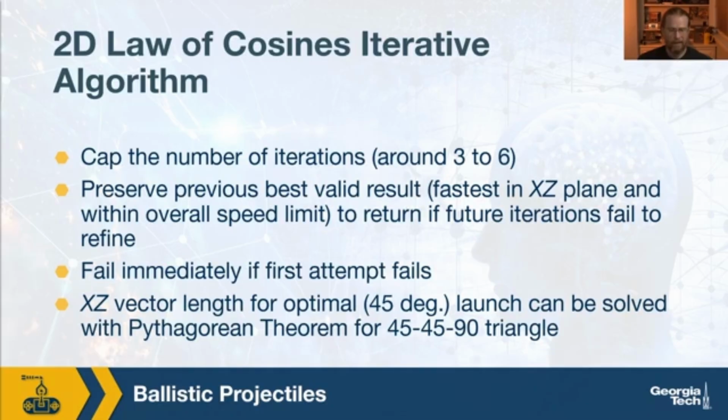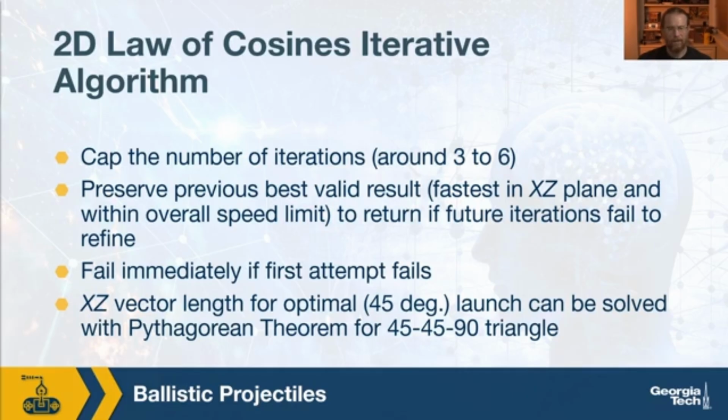Now, as for that XZ vector link I kept referring to, that optimal launch, you probably recall from an introductory physics class you took before that the optimal launch angle is 45 degrees to get the furthest that you could possibly send the projectile.